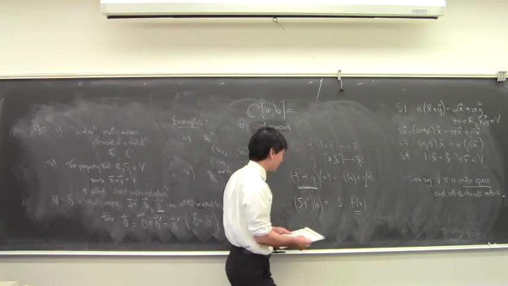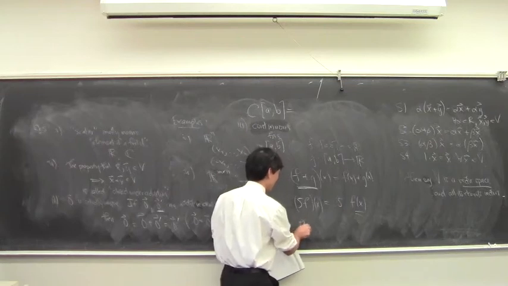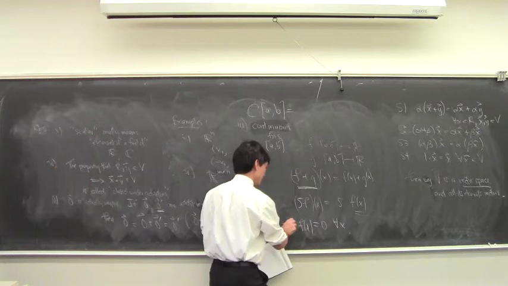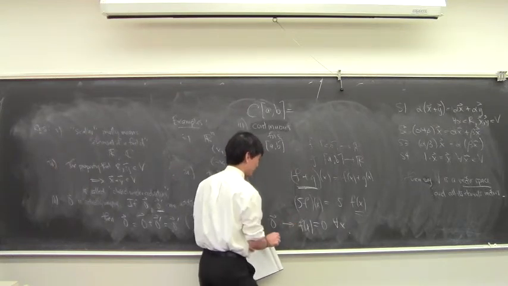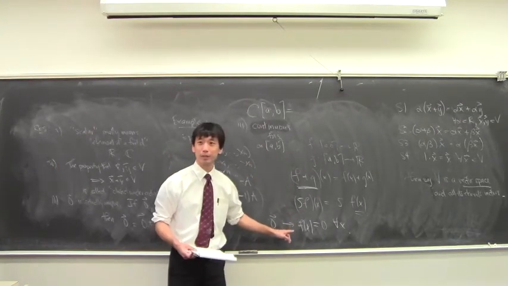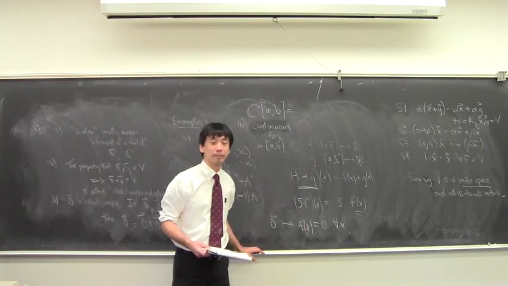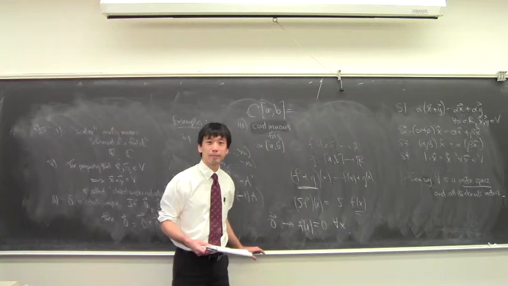So you just say this function, f of x equals 0 for all x. That's your zero vector, because when you add that guy on, nothing happens.